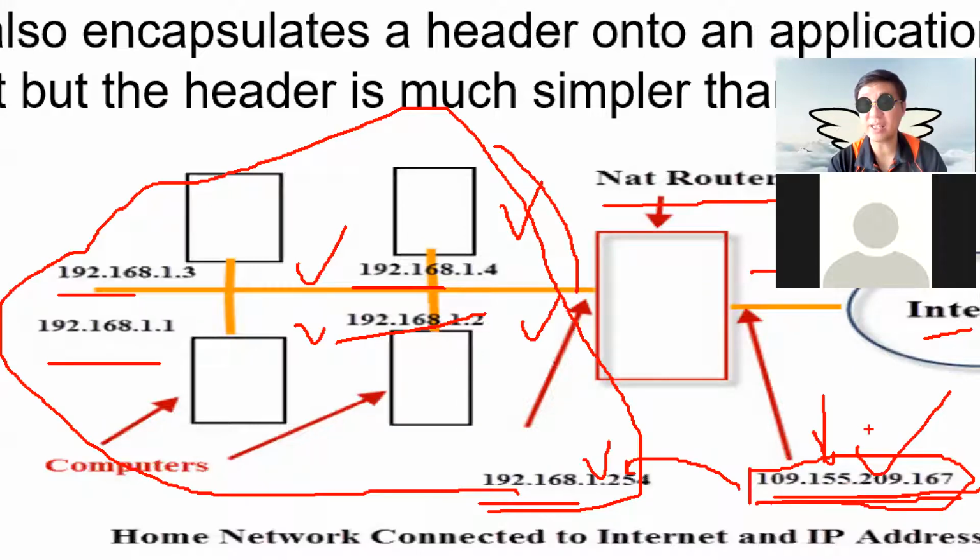The public, like I said, will only see this public IP address, which is 109.1.155.209.167, right? They want to send anything, they go to this part, and then it will map according to the internal private address. So all these addresses are protected, they are hidden behind this NAT.